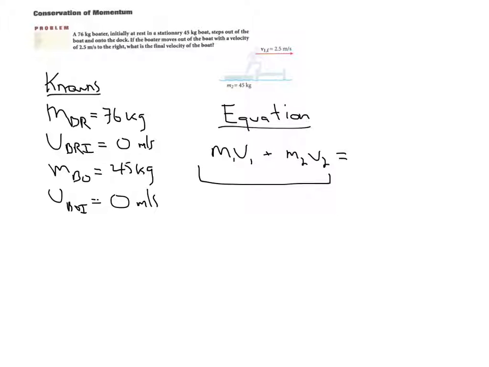Both of the velocities are 0. The velocity of the boater is 0, and the velocity of the boat is 0. So my initial momentum is 0, and that has to be equal to m1v1 plus m2v2.